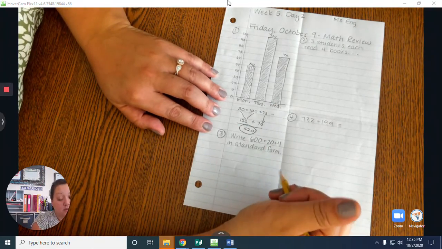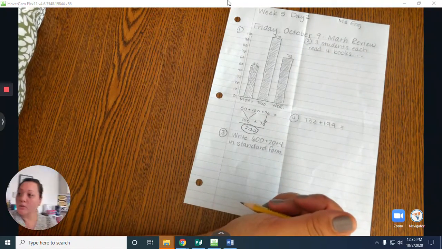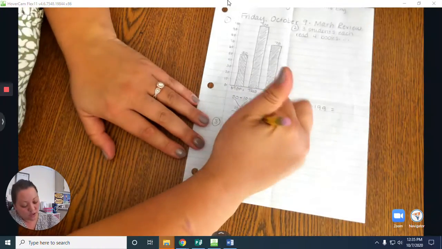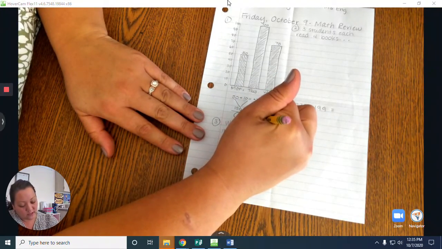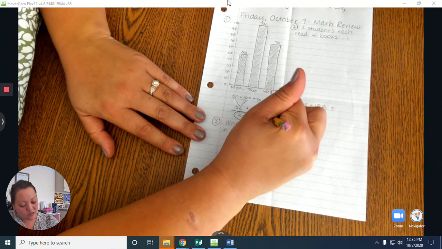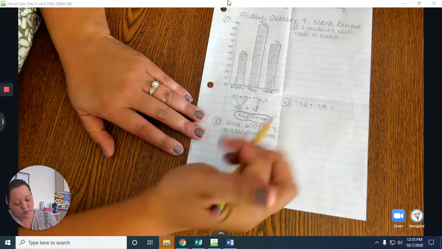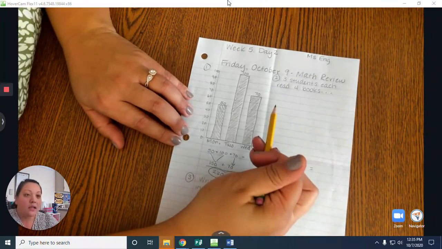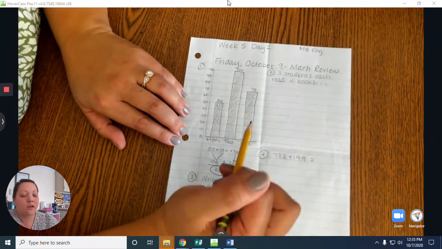But is my problem done? I don't think so, because I need to make sure I label it. So I should erase this. It's 220 sit-ups. That way I know that my reader, or the person who's correcting it, knows that I really mean that it's 220 sit-ups.